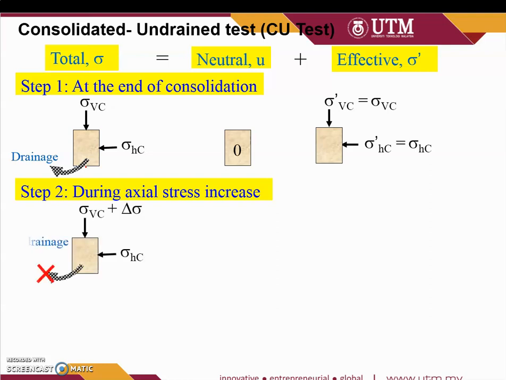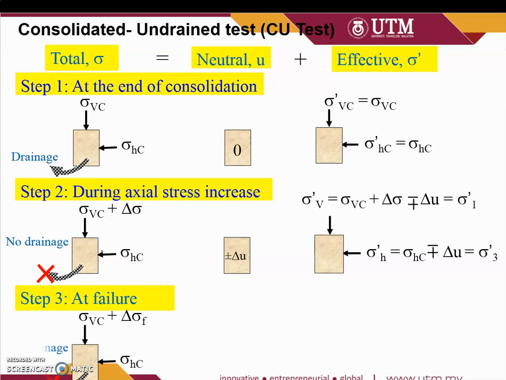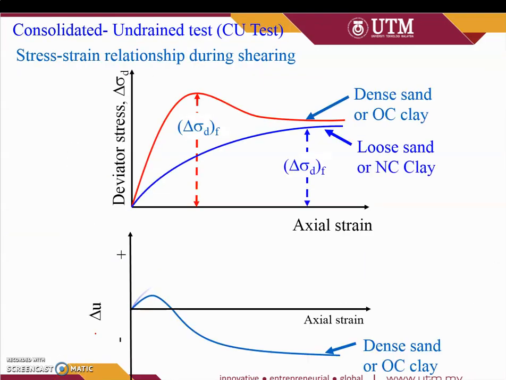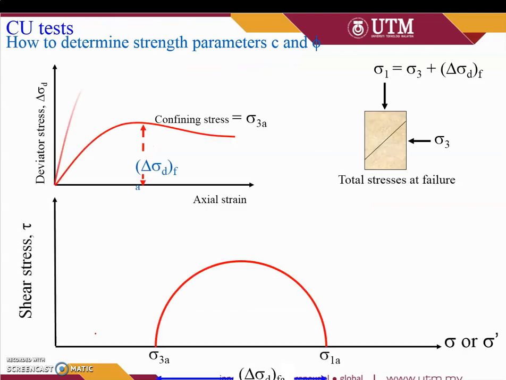During the shearing stage, we now close the drainage valve, so we will see some different activity in the soils, until the soil sample reaches failure. Let's skip this one and go straight to the example.